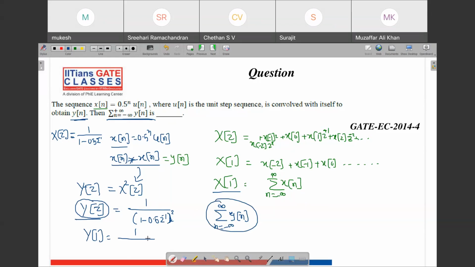Okay, so once you replace z equal to 1, you'll get this, or you can say 0.5 square, or you can say 4. So by using this kind of property, you can very easily calculate the summation of y of n. Anyone has any doubt?